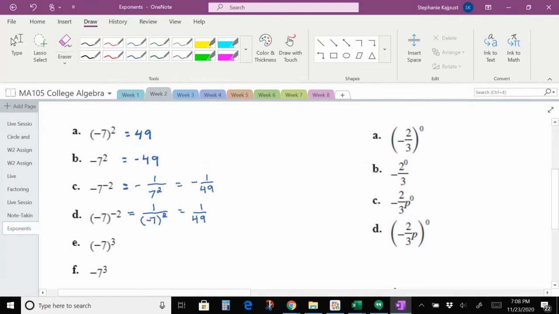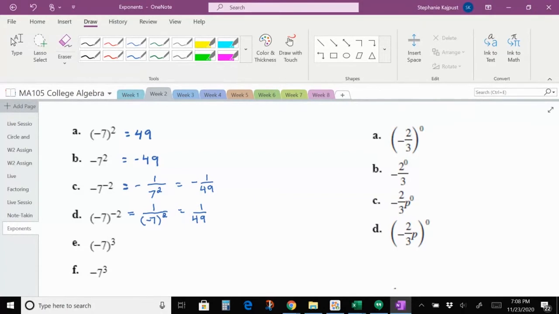Now, E and F, we're again looking at -7 with parentheses and without parentheses, but now our exponent is 3. So that's an odd number, and when you have an odd number exponent, that means you're going to be multiplying an odd number of times. So for example, we've got E here, which is (-7) to the third.